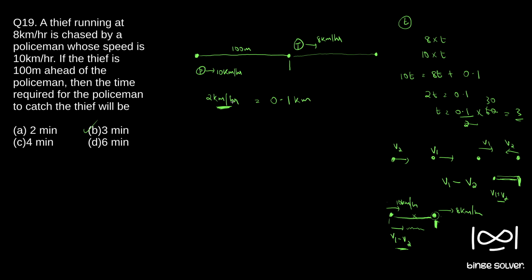The time taken to cover 0.1 kilometer at 2 km per hour is distance by speed, which is 0.1 by 2, and this is in hours. If you multiply with 60, we'll get 3 minutes as our answer.